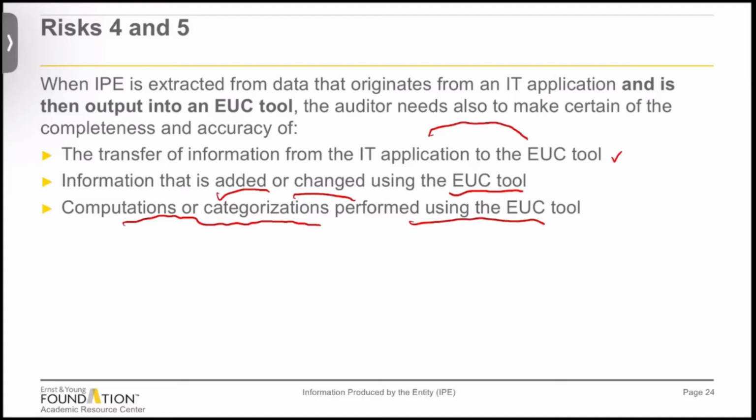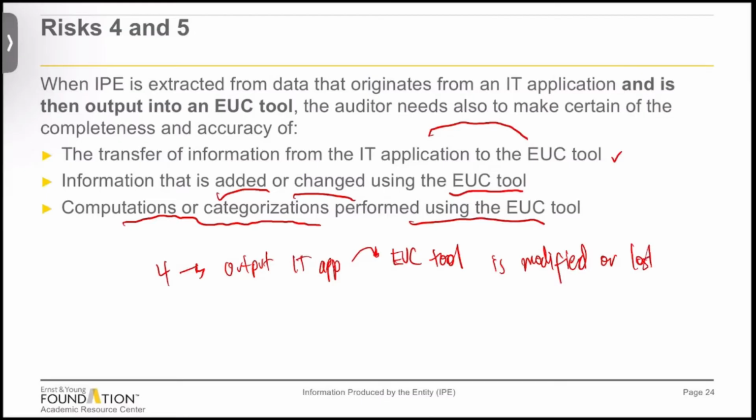Just to differentiate the two, risk 4 is that output from the IT application into the EUC tool is modified or lost.